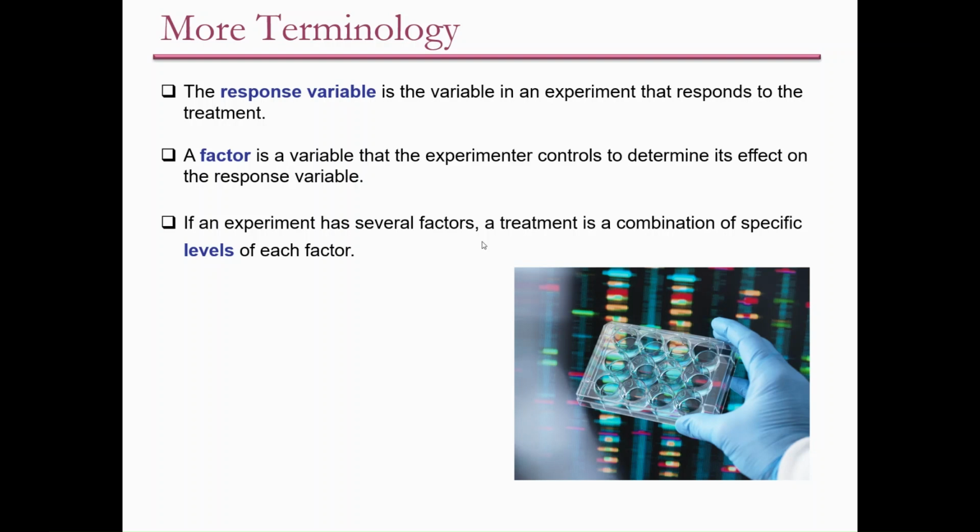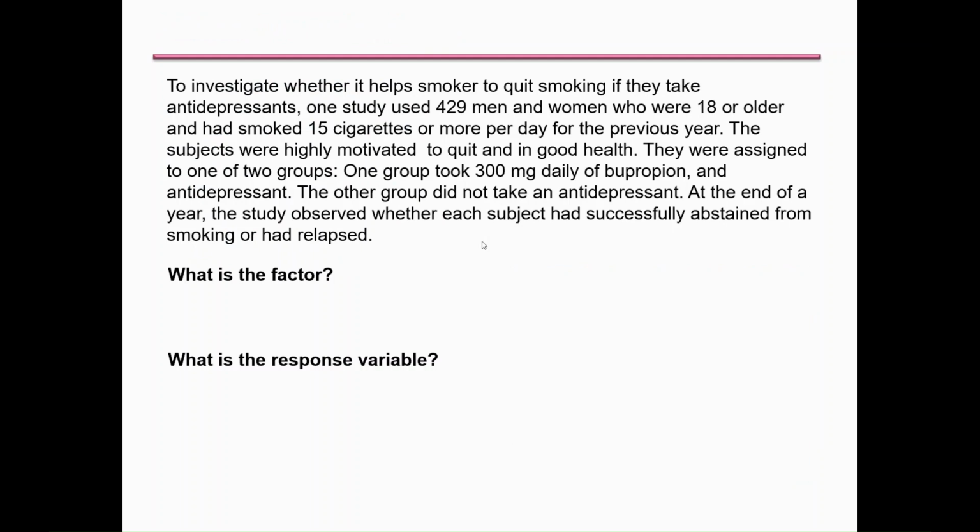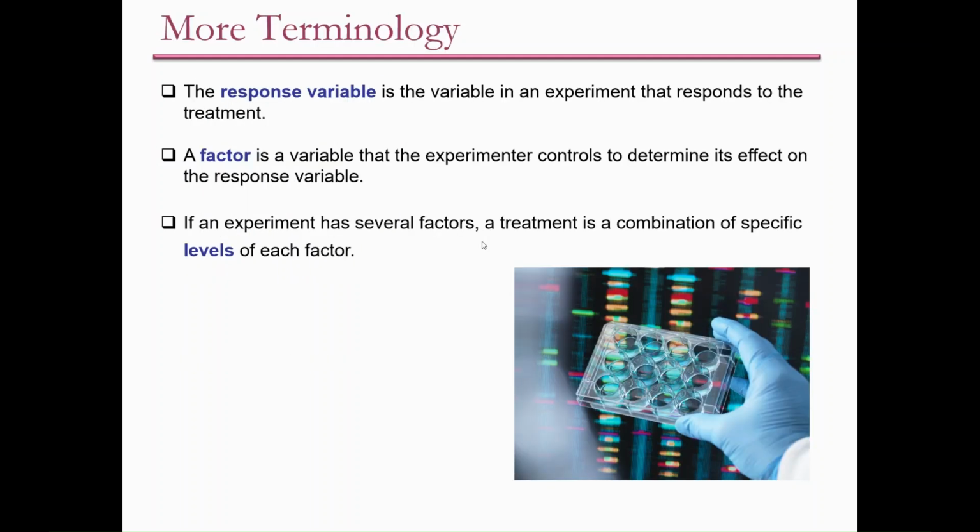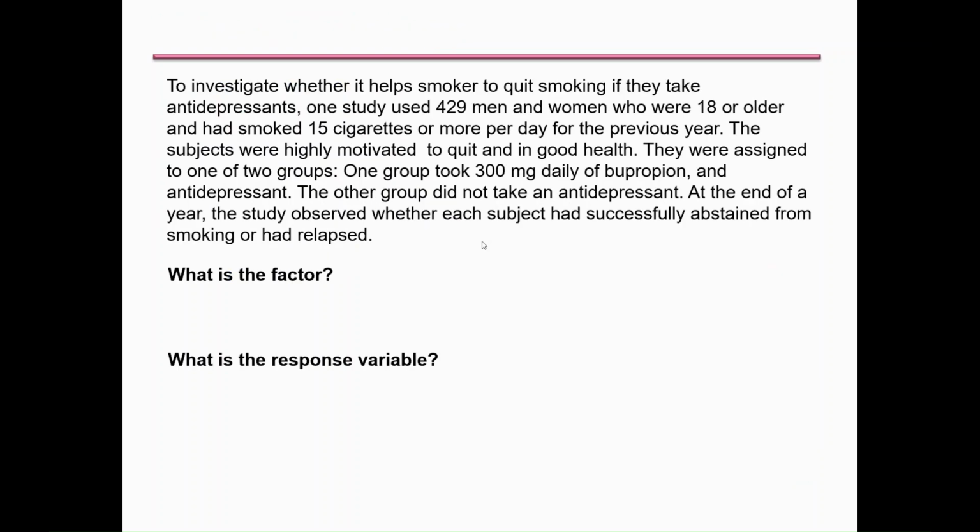All right. Well, let's keep talking about this study and try to identify the factors. So remember, the factor is the variable that the experimenter controls. So what do we have control of here? And that is whether the subject received the antidepressant or not.